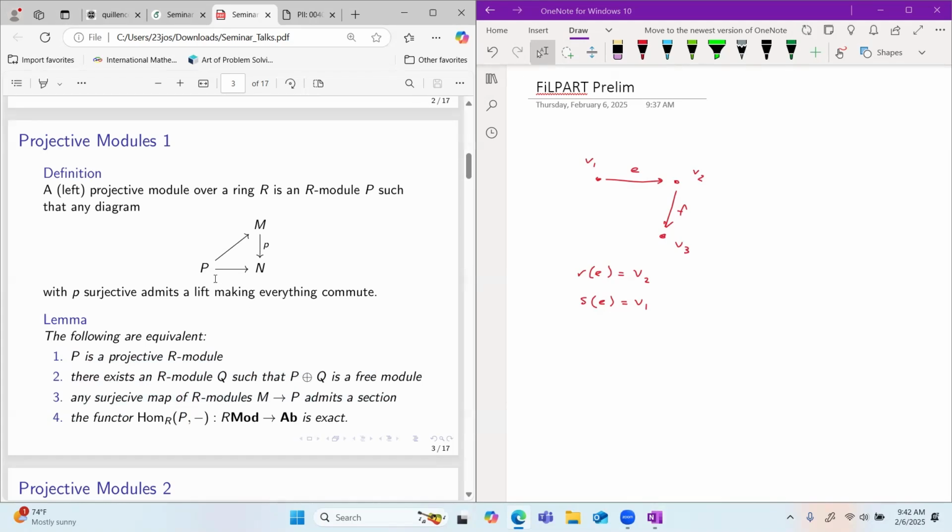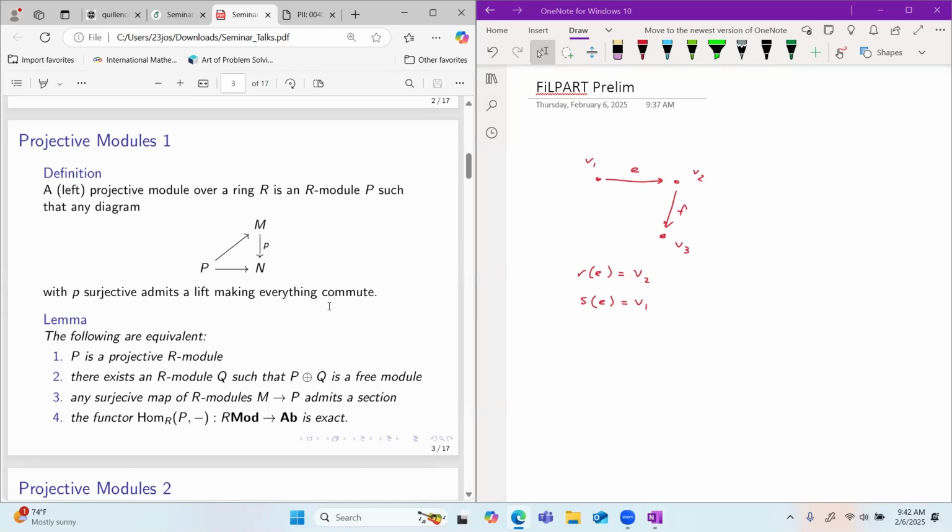See, the essential idea with projective modules is that it has a lifting property. So if you have a surjective map of modules here on the right and a map from your projective module P to N, then it should always admit a lift, making everything commute.